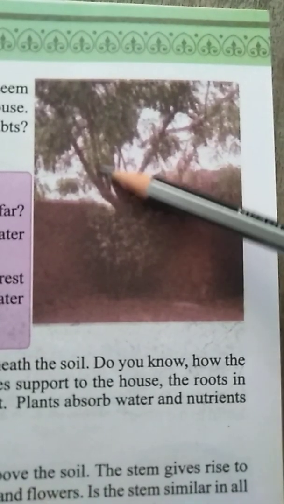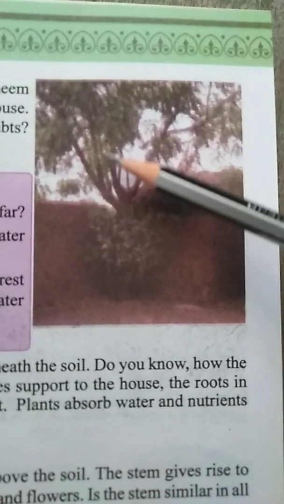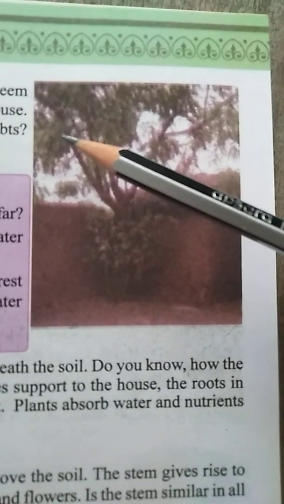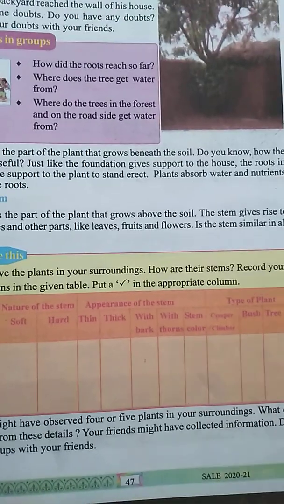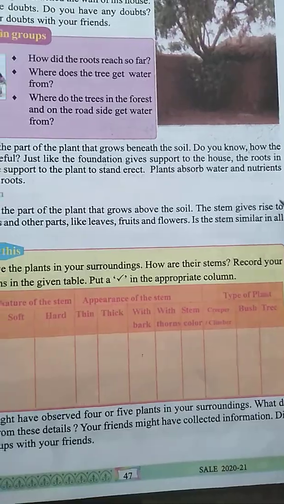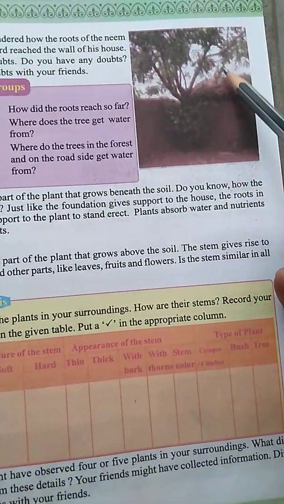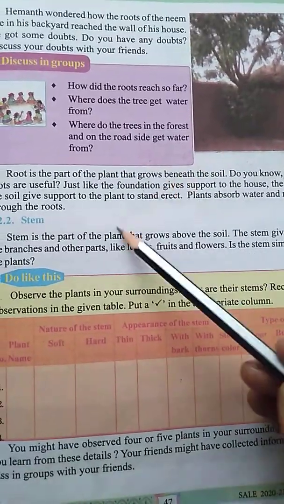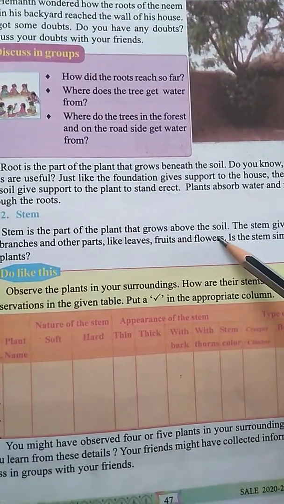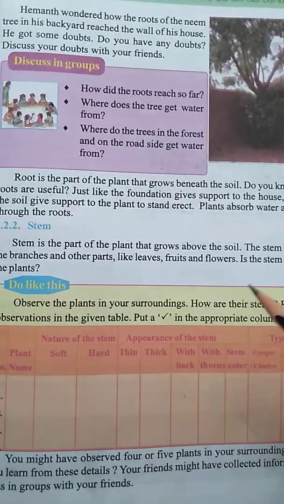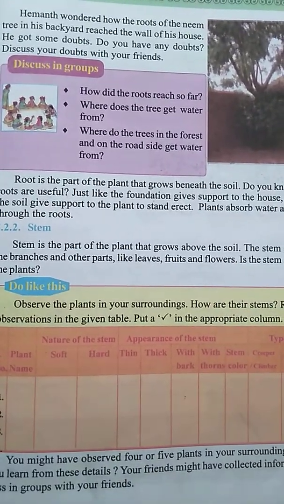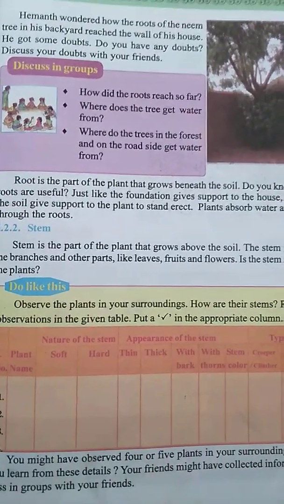It has many branches. The stem gives rise to the branches and other parts like leaves, fruits and flowers also. So here we understood that each and every plant or tree is not the same.